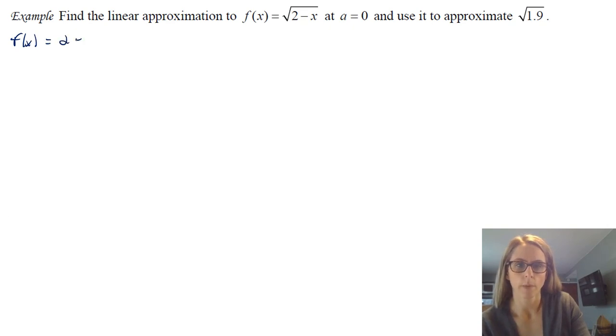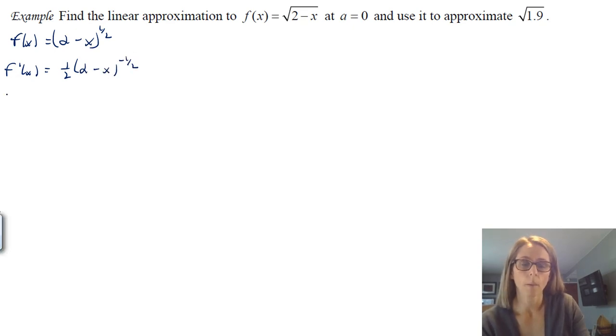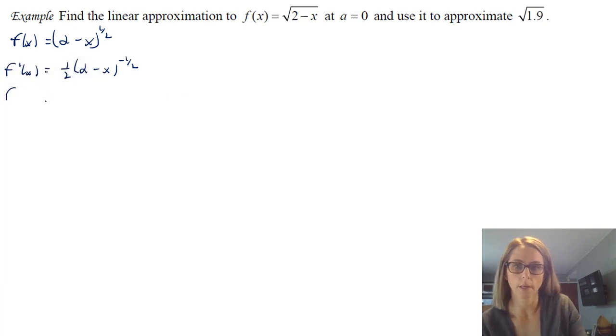All right, so I'm going to have 2 minus x to the 1/2. I'm going to take my derivative, 1/2 times 2 minus x to the -1/2. I'm going to plug in 0. That's always a nice value for a. Why not? Derivative at 0.